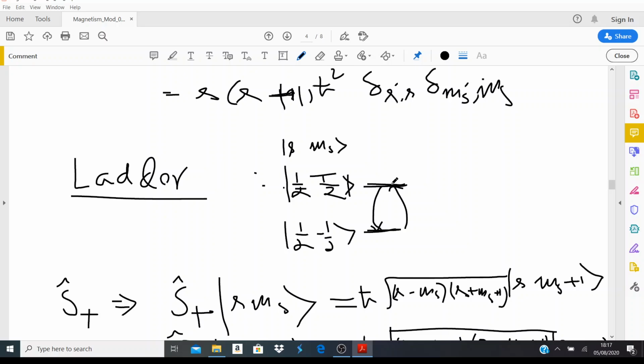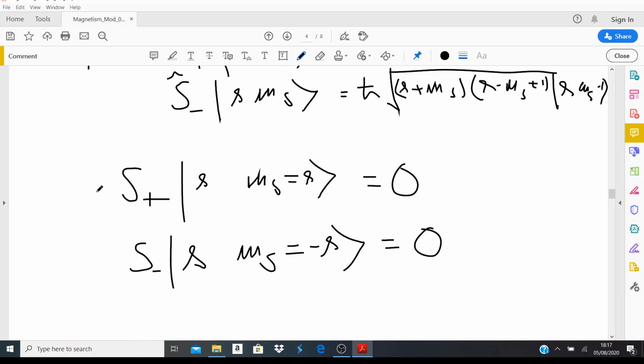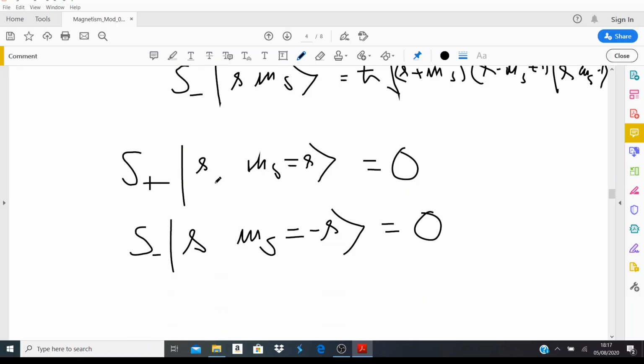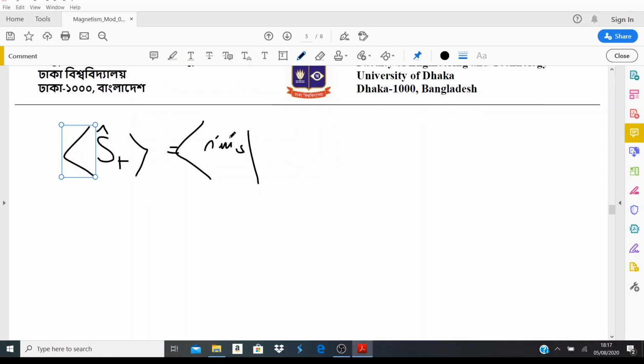Okay, and then similarly you can ask, can we have this operator, and how do we find the expectation values of this operator? Let's find the expectation value. Let's say you want to find the expectation value of S plus, and you know what the state is, S mS, and let's say it's a primed state, and then we have S plus, and here we have S mS. You know what S plus does on S mS. Let me write it down.